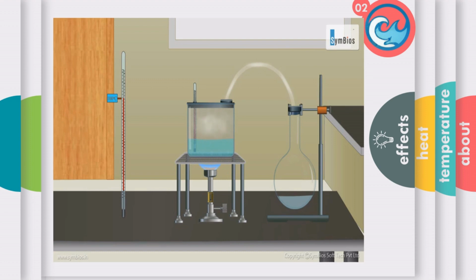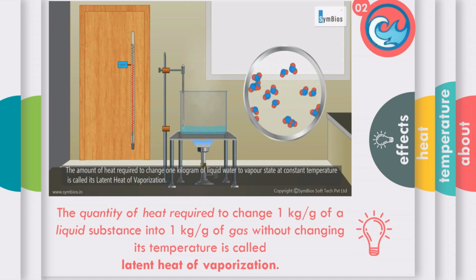This fixed temperature at which liquid boils and changes into steam is called boiling point. The quantity of heat required to change 1 kilogram or gram of a liquid substance into 1 kilogram or gram of gas without changing its temperature is called latent heat of vaporization.